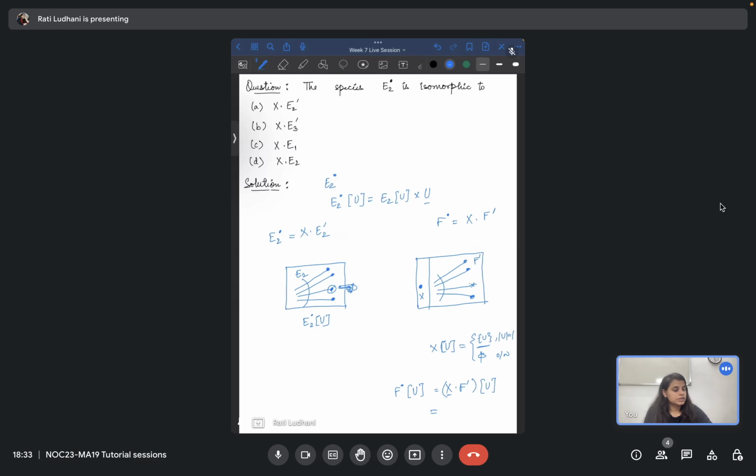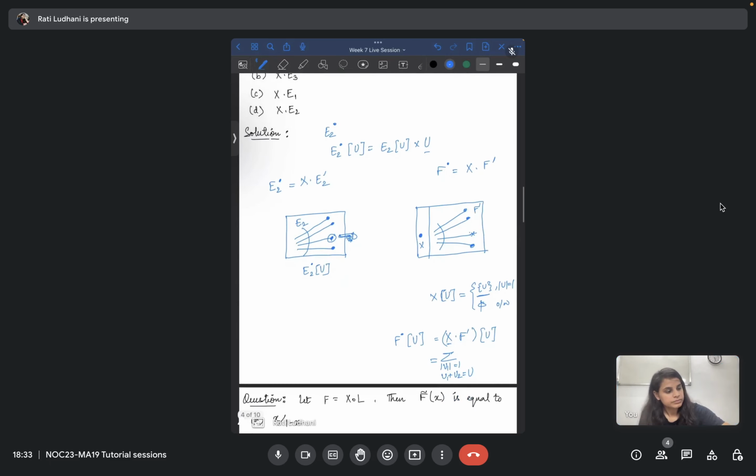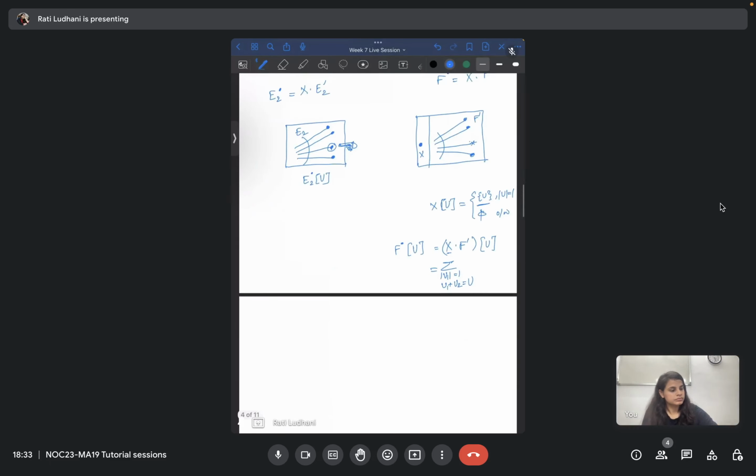So this is basically the summation over cardinality of U1 equal to 1, U1 plus U2 equal to U, of X of U1 dot F dash of U2. Then what does that mean? U2 has n minus 1 elements.